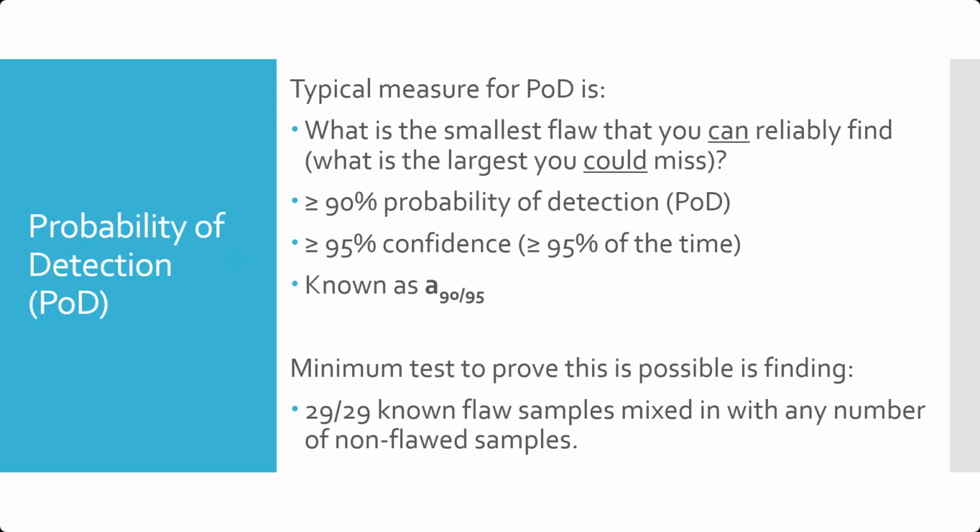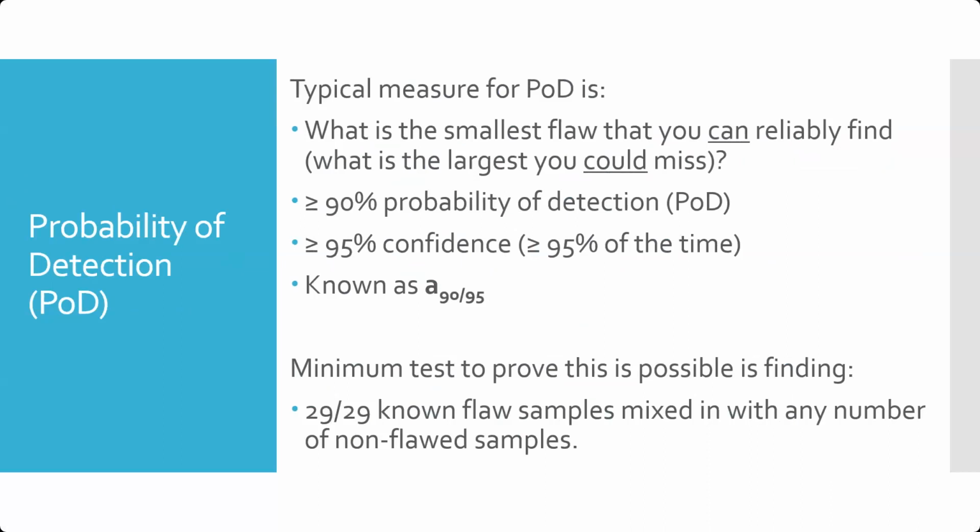So the way a given practitioner is tested is to have a set of known flaw samples that need to be found. It's a test of the individual who's performing NDT.